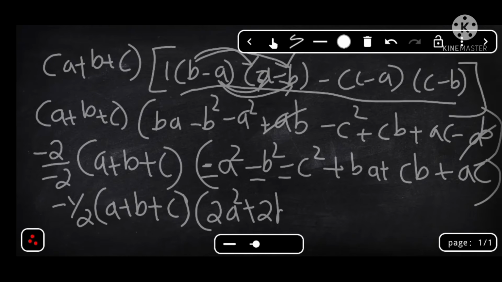So 2b square plus 2c square. Now minus 2ba, again minus, because minus into plus, right? So minus 2cb minus 2ac.